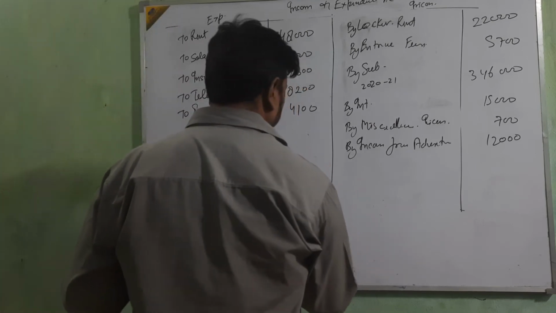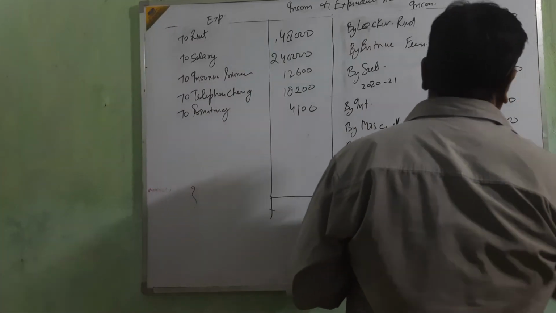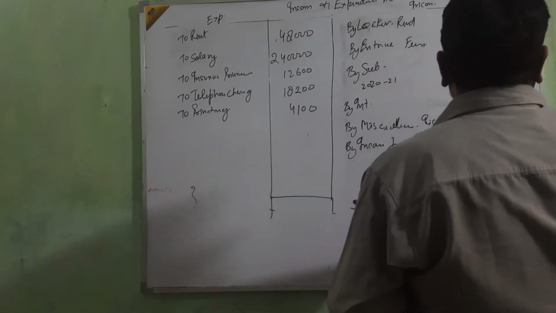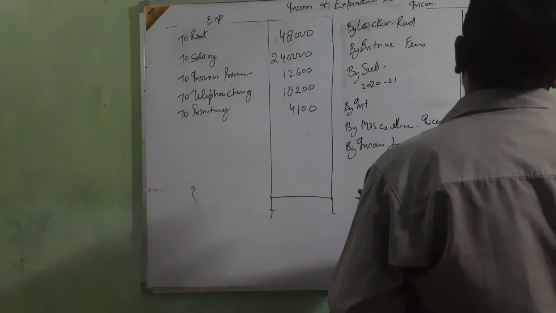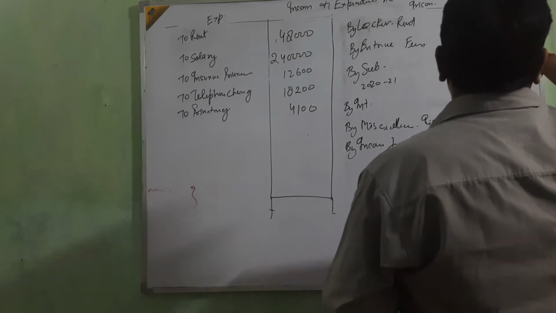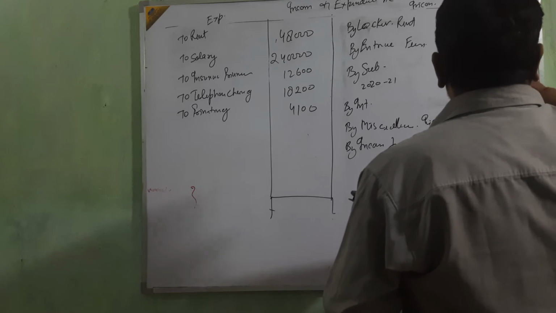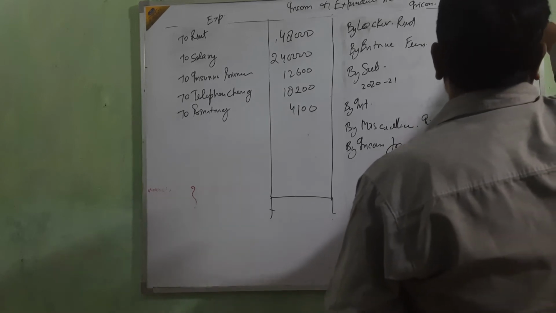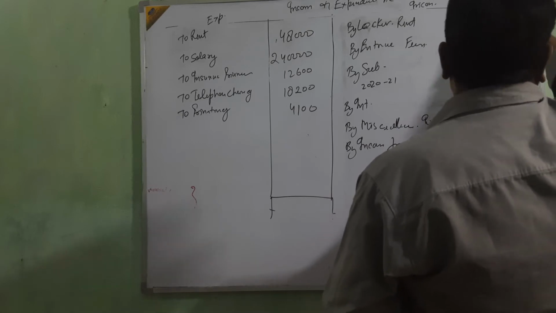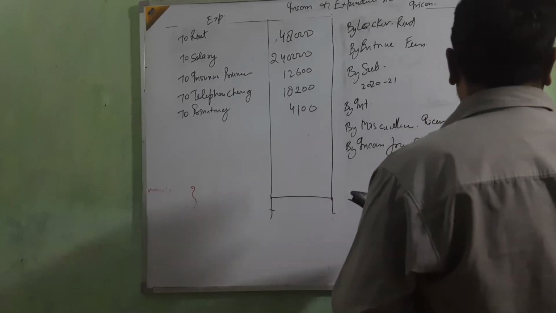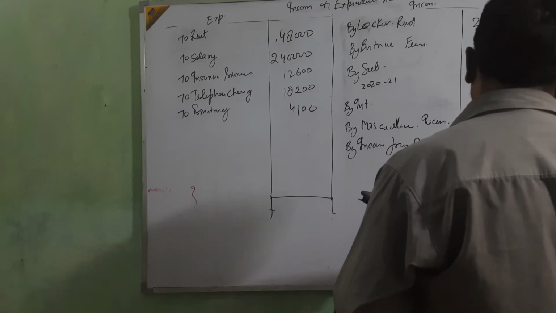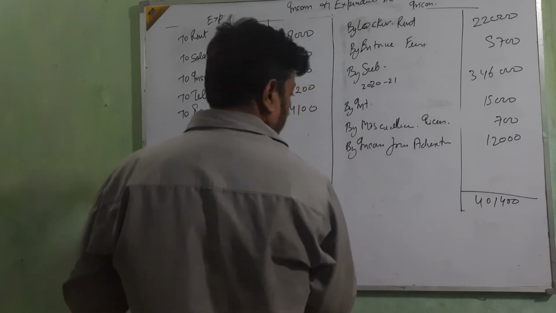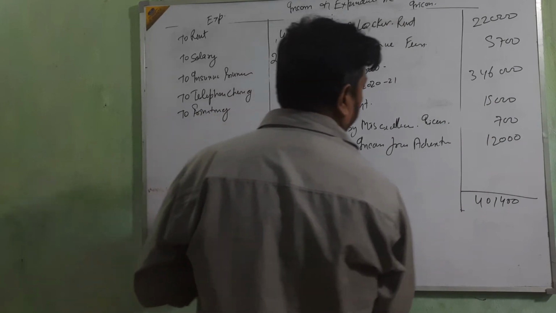Now we are going to add all this. First this side: 3,40,000, 3,60,000, 3,70,000, 3,80,000, 3,90,000, 3,96,000, 3,98,000, 4 lakh, 1,400, so 4,01,400.